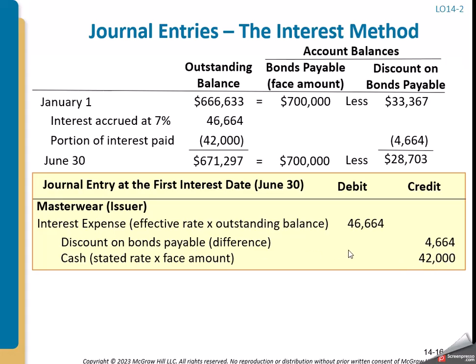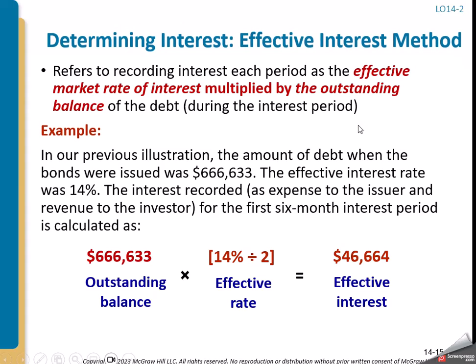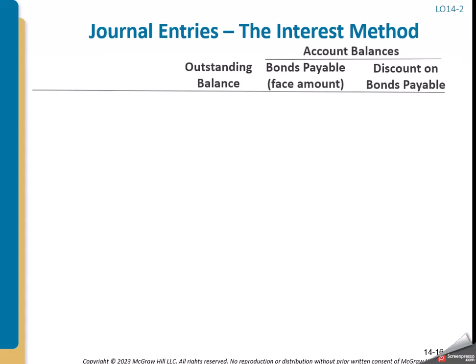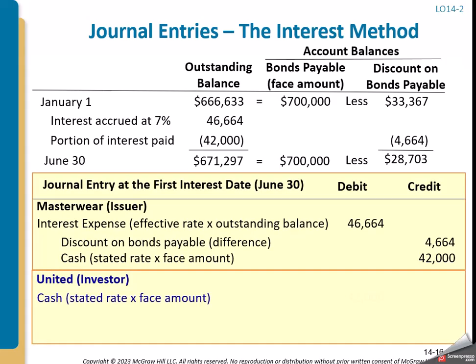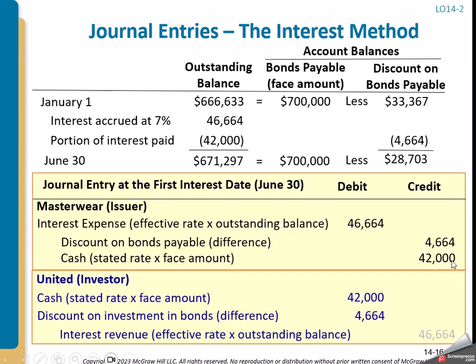That's what we calculated at the beginning. It's the 700,000 times the 12% divided by 2. Or was it times 6%? I forget. Let me go back. Yeah, 12% divided by 2. And the market rate is 14% divided by 2. So that's how that 42,000 is calculated.